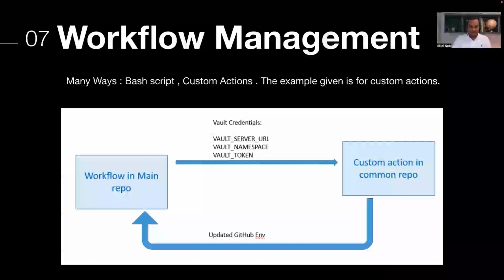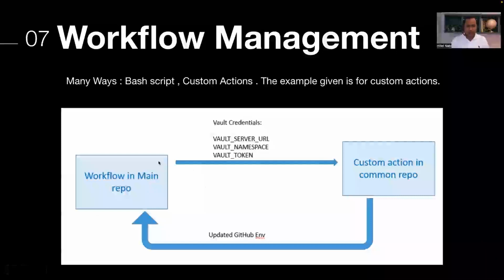Well, here you can see, as I said, we have a pretty good number of applications and repositories to manage. So in that case, there should be a smart way to manage it.